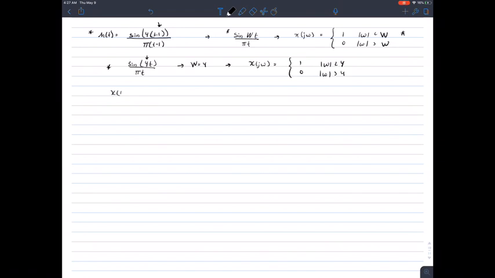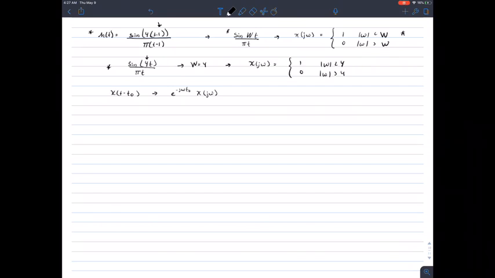X of t minus t naught moving to the frequency domain is going to be e to the negative j omega t naught times the x of j omega.